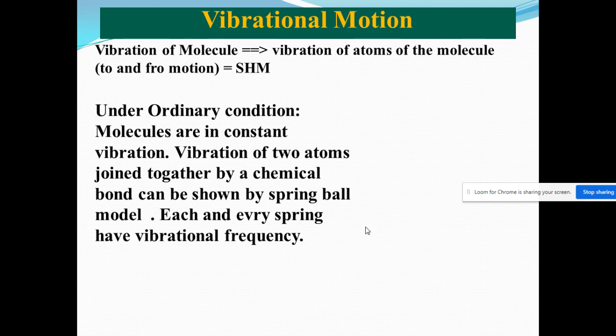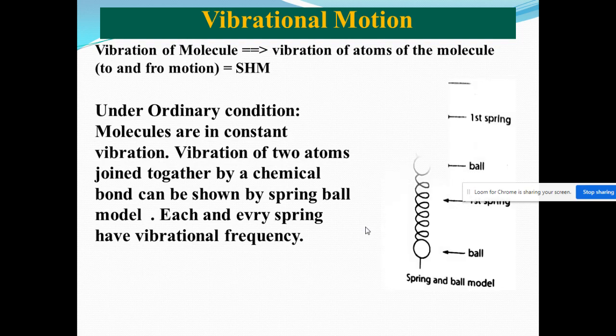The vibration of two atoms joined together by chemical bond may be illustrated with the help of spring and ball model. It is known that every spring has a vibrational frequency.